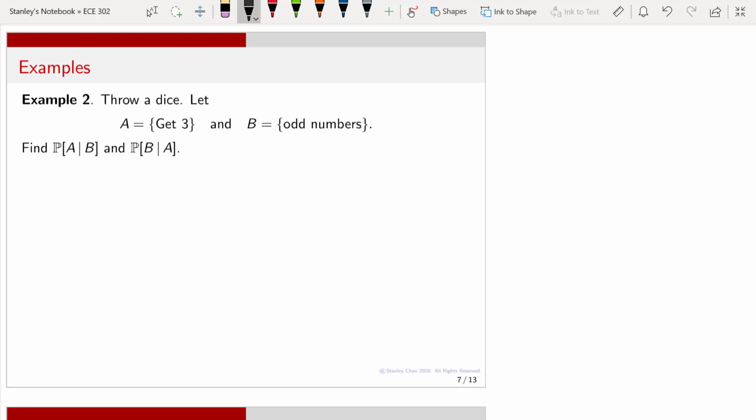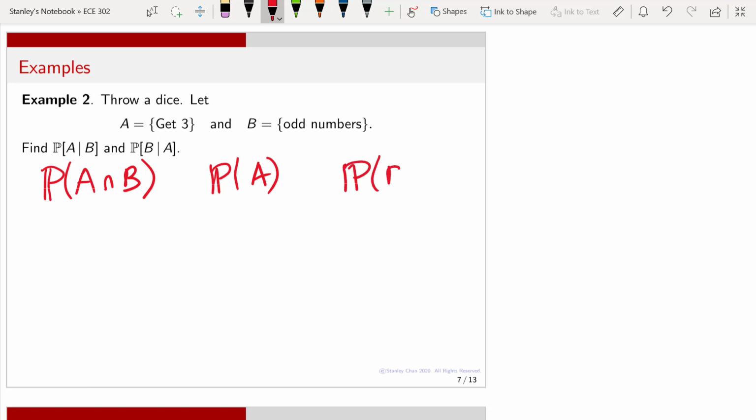We want to ask what is the probability of A given B and B given A. Whenever you want to calculate a conditional probability, we need to know the intersection of A and B, and then the probability of A as well as the probability of B. So let us find these three numbers, and then we can apply the definition and see if it makes sense.